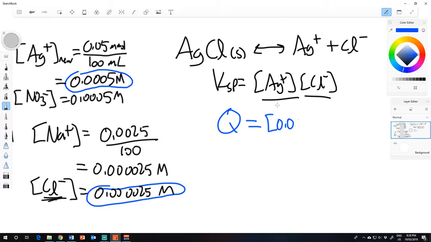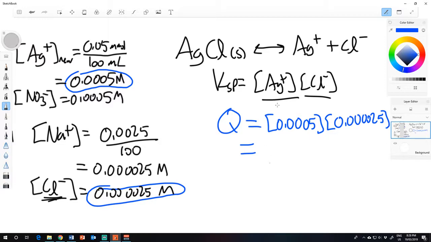So 0.0005 for the silver, and then 0.000025 for the chloride. And then we just carry out that multiplication, and you will get a ridiculous number.